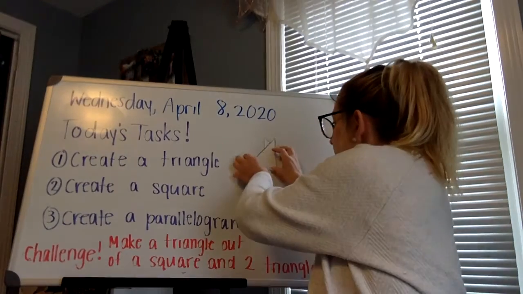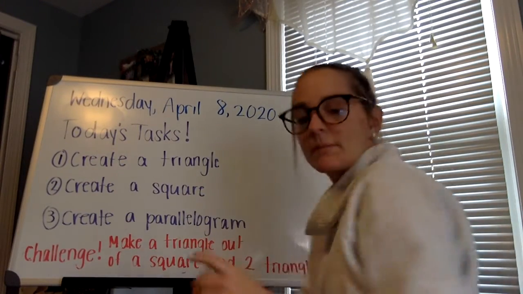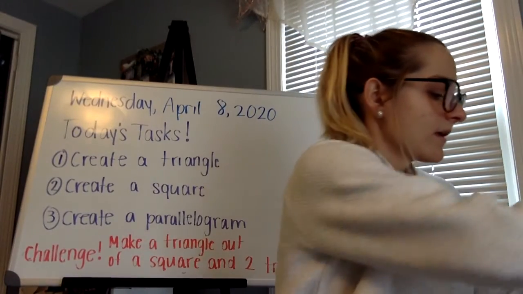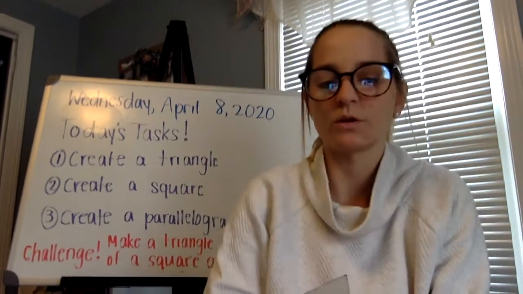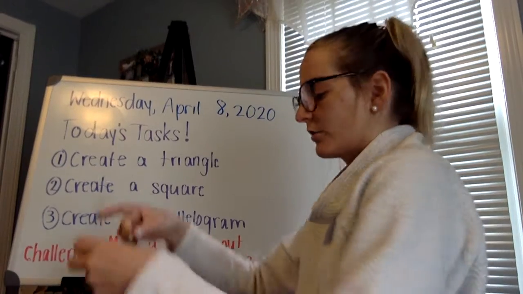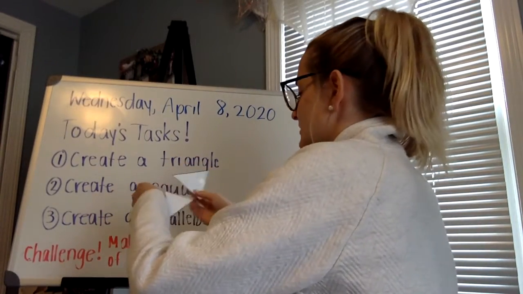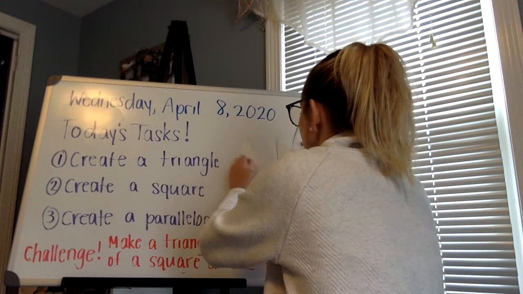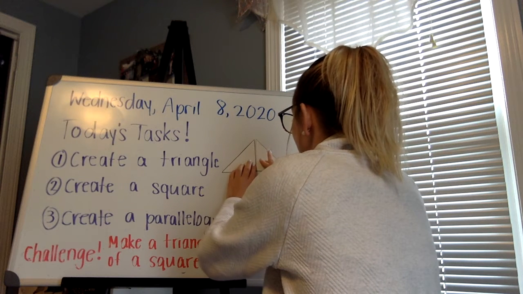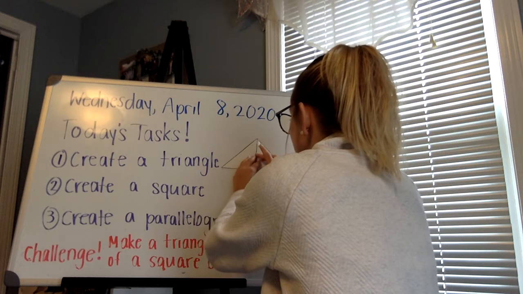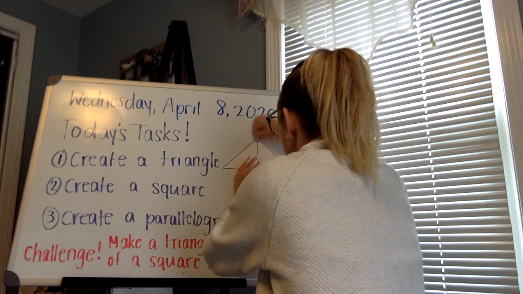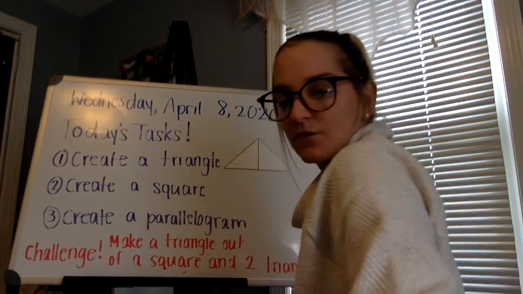Hold on, friends. Let me get some tape and I'll put it back up. So do you see how we used 2 polygons to make a bigger polygon. In this case, we used 2 triangles to make 1 triangle.